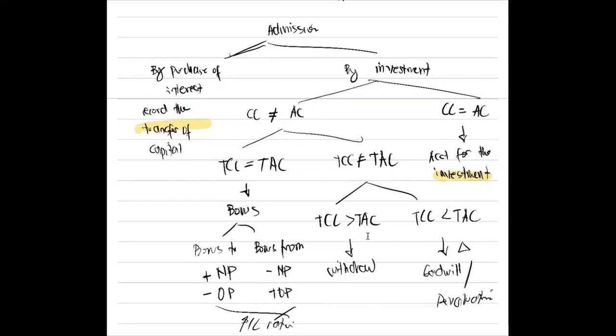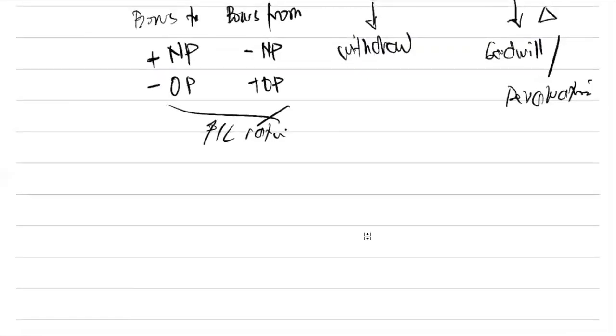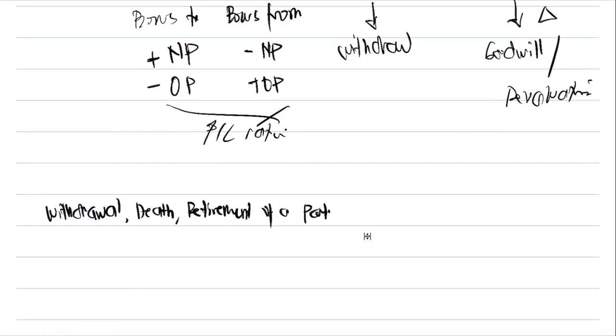Okay? Next, we go now to your withdrawal, retirement, or death of a partner. So we go now to the second type of your partnership dissolution. That is your withdrawal, death, or retirement of a partner.